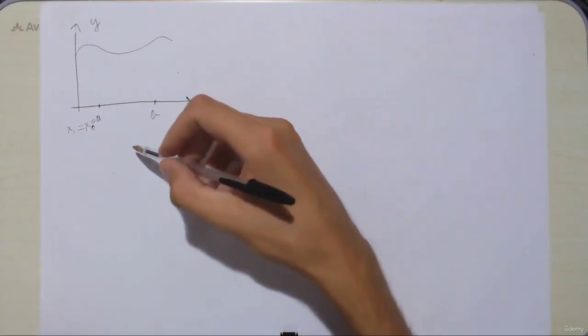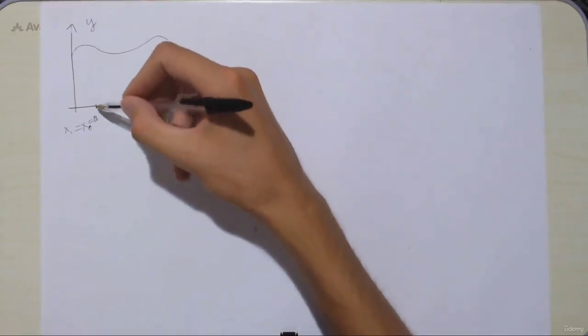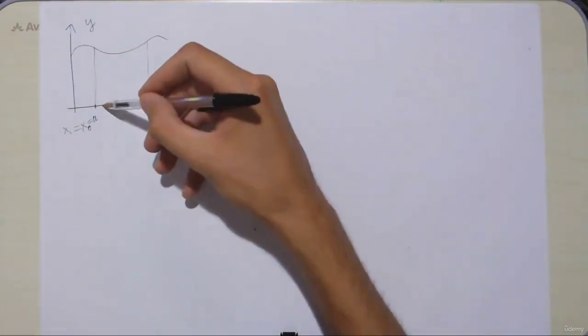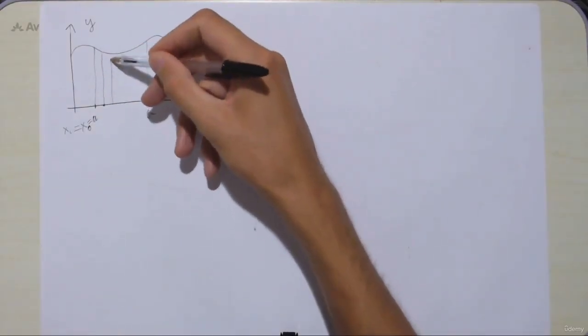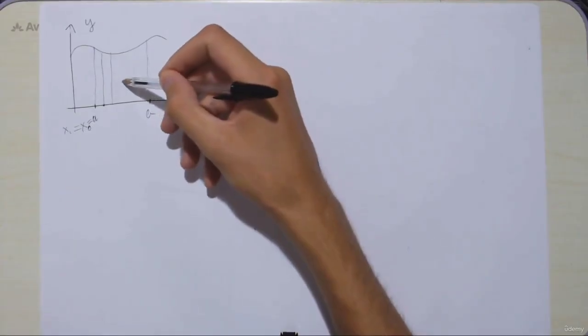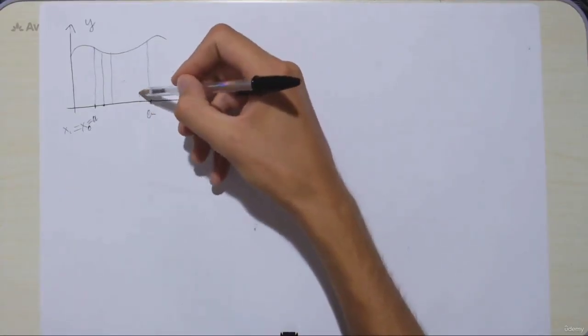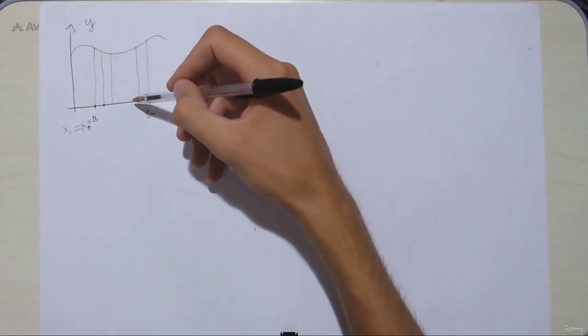Alright? Now we already know how to calculate the area under the curve, or at least the logic of it. So what we do is divide this area into small rectangles, and then we just calculate the areas of these rectangles.